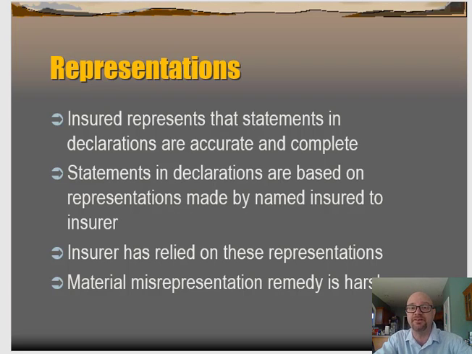So if there's something that's false in those representations, then it's a misrepresentation. And if it is a material misrepresentation, that means it would have affected the rate or the coverage decision. That's material. It materially changes what the insurer would have done. If they rely on that representation, turns out to be a material misrepresentation, then that means they can void coverage even after there's been a loss.